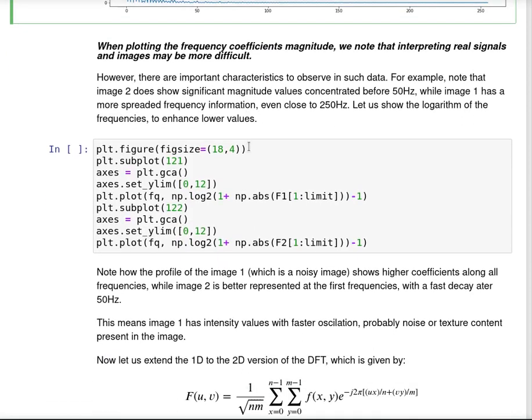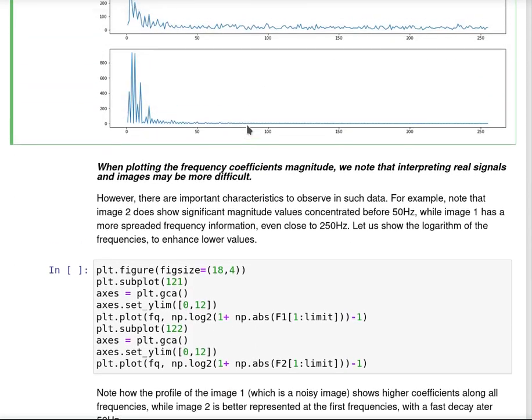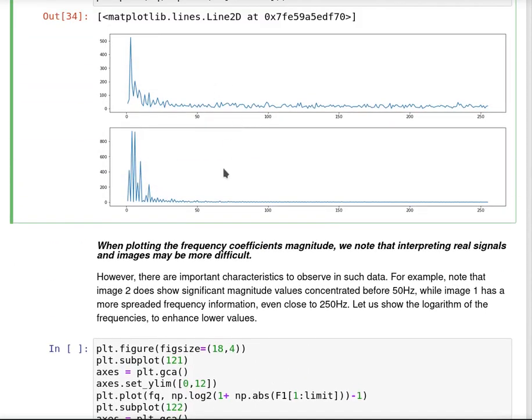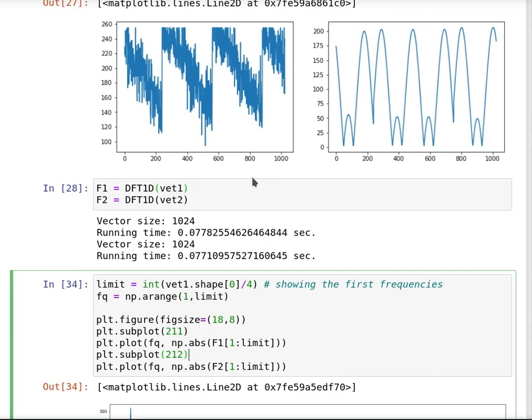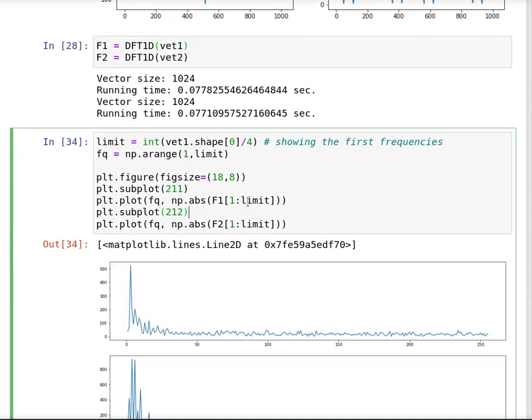However, there are important characteristics in such data, and image 2, as I just said, does not have significant magnitude values concentrated after 50 hertz.